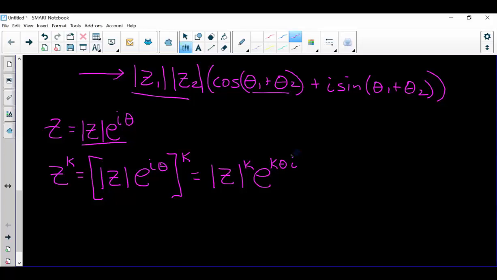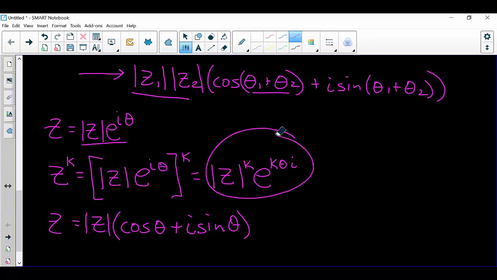Now, remember, z is also equal to, in polar form, cosine theta plus i sine theta. We just noticed this, right? So this right here that we just did has a polar form. Remember, the polar form is when we take this part and do cosine of that plus i sine of that.